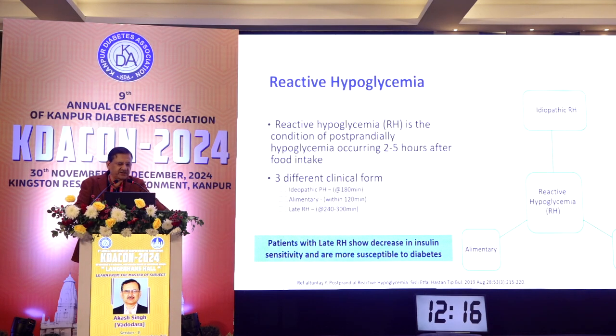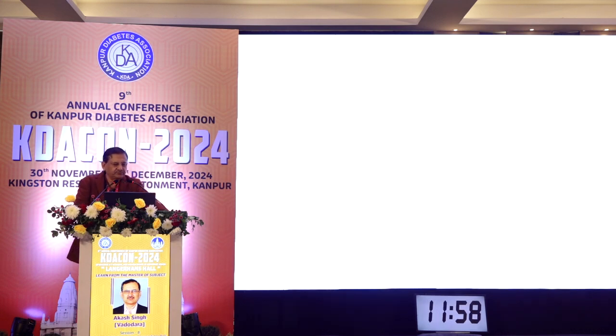Then there is something called reactive hypoglycemia, which is because of hyperplasia or hypertrophy of the beta cells, or because of increased sensitivity to insulin, and this can be seen after bariatric surgery, or with insulin antibodies or insulin receptor antibodies.